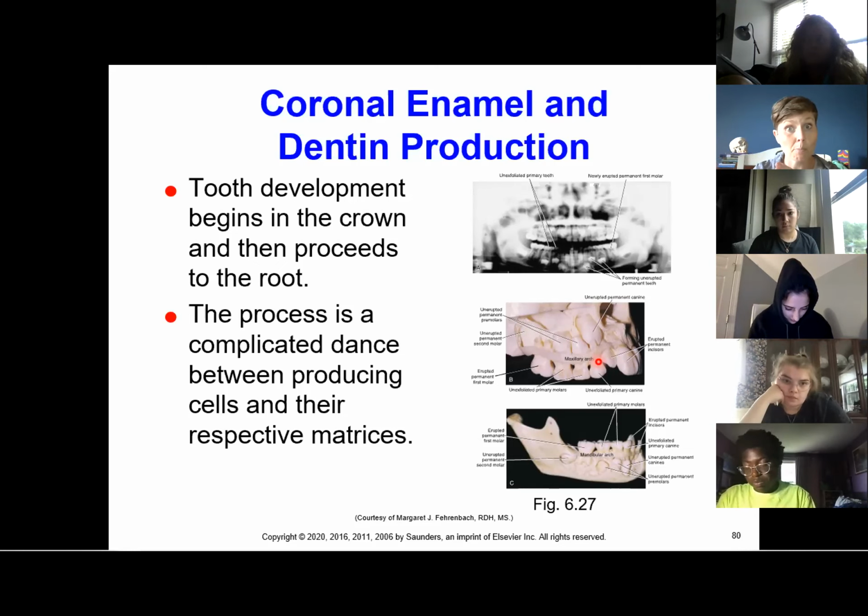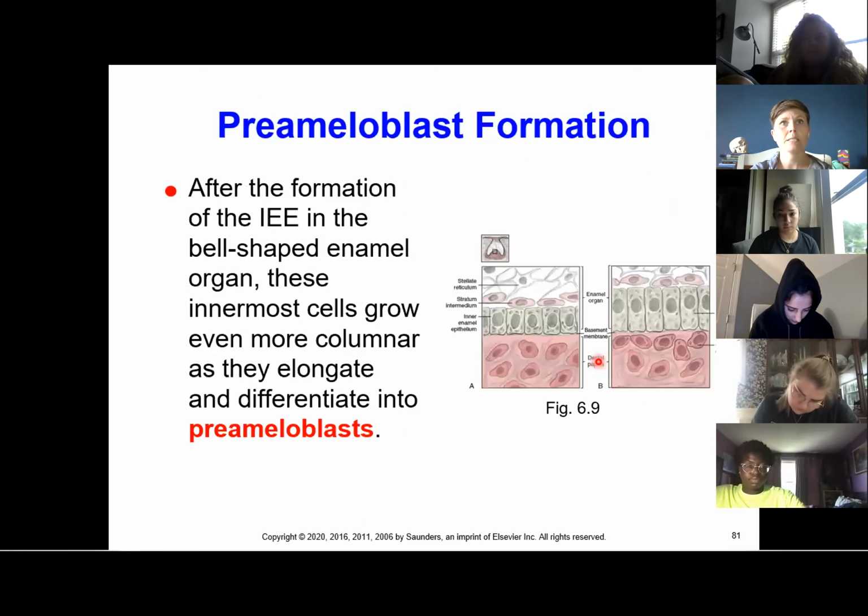Even during prenatal development, if you are pregnant and you spike a high fever, you can cause a discrepancy in the way the enamel is laid. There could be a pit there, and there's no rhyme or reason to it, we can't pinpoint it, but it's interesting that all that can happen. So it's like a complicated dance between producing cells and their respective matrices.